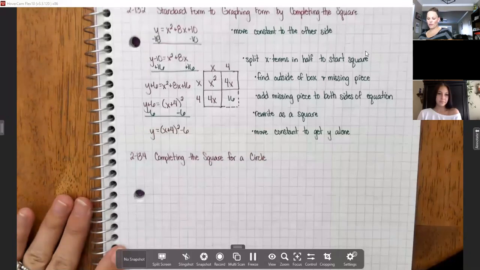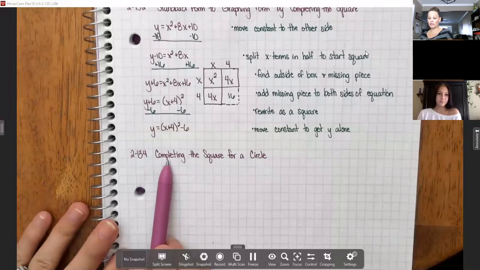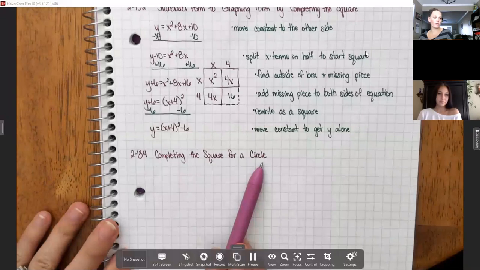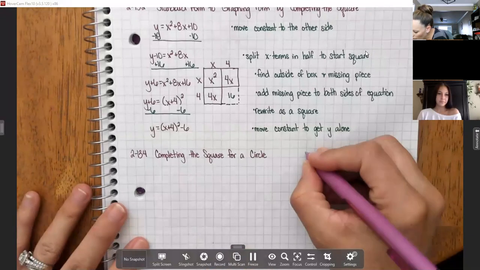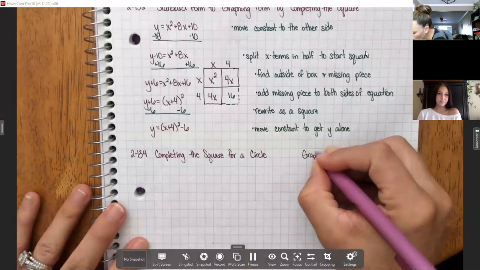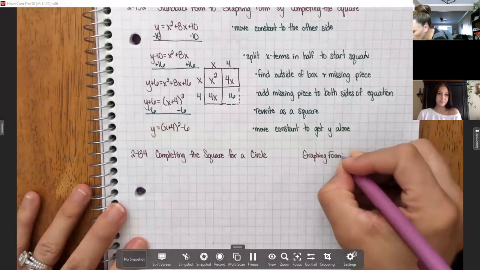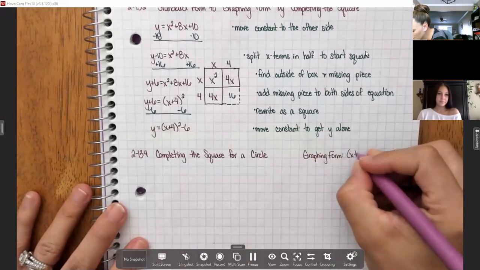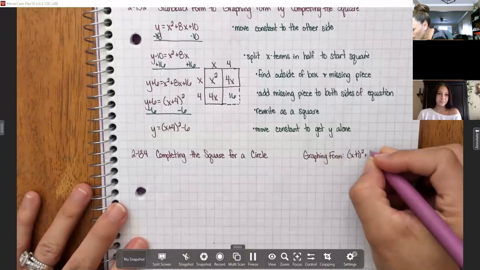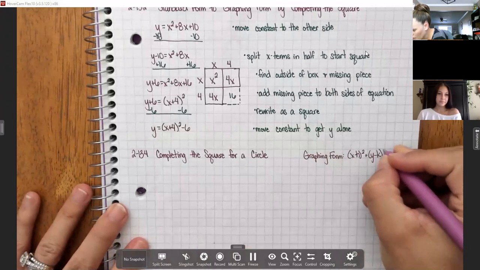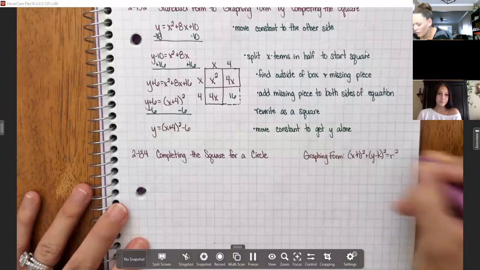So on problem 134, we're going to do something similar, but we're going to complete the square for a circle. So remember, graphing form for a circle is x minus h squared plus y minus k squared equals r squared.